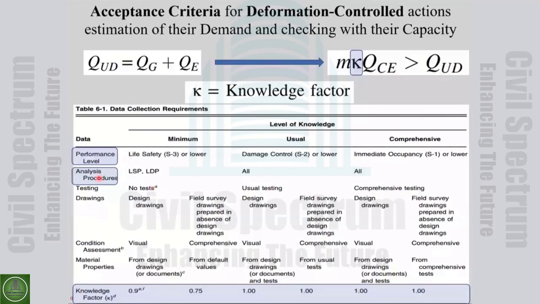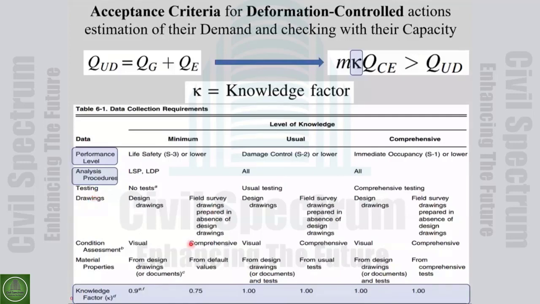For example, if you go with fewer tests, then you have a smaller knowledge factor. Therefore, the knowledge factor is usually set for each performance level and each analysis method we are using, based on the level of information, especially the number of tests you are doing, that is provided.